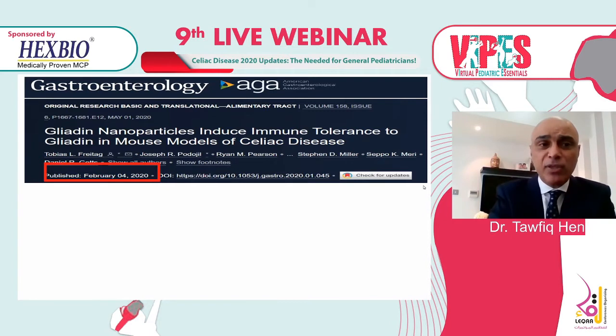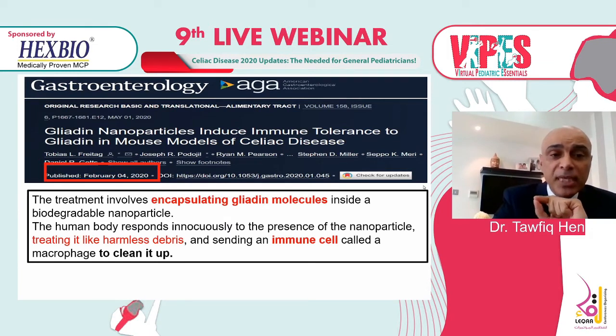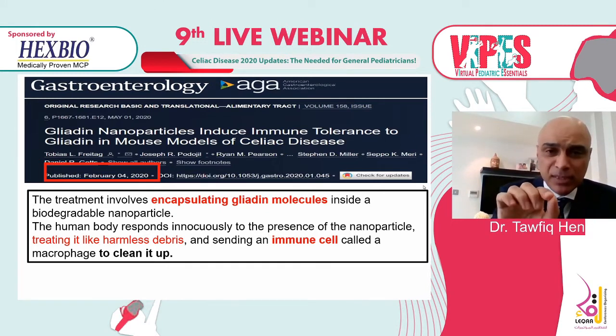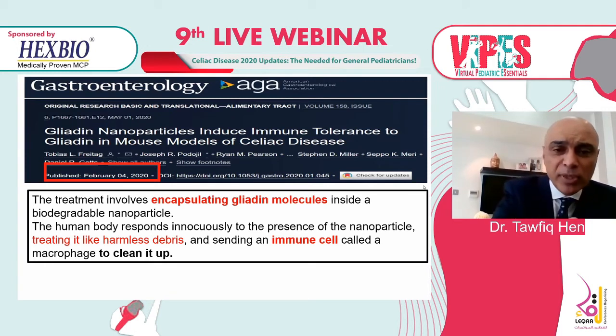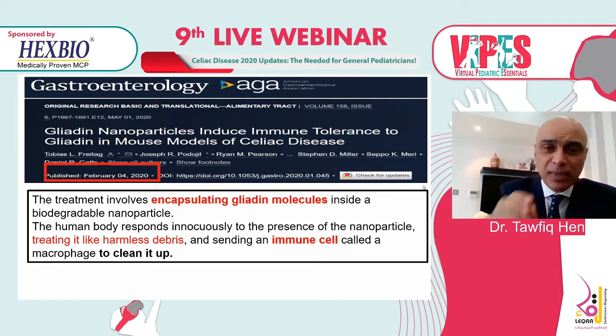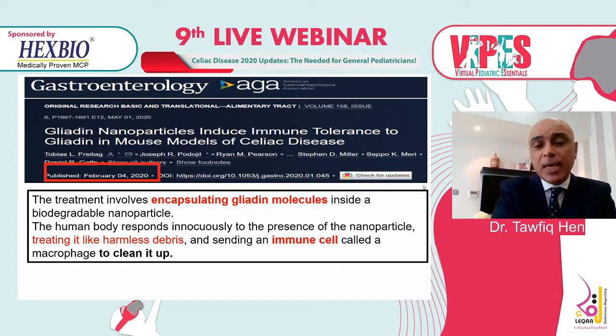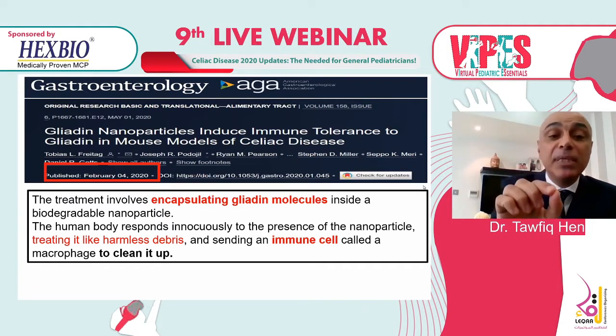Despite the coronavirus, the bad news, things are happening, still we are getting good news. The treatment involves giving the patient gliadin molecules encapsulated in very small particles, they call them gliadin nanoparticles, in capsules. And they found that the immune system, the T lymphocytes or the antigen presenting cells, treated it like harmless debris.